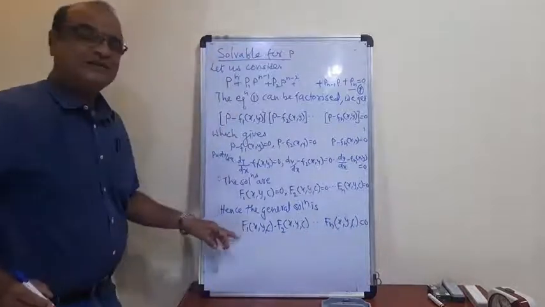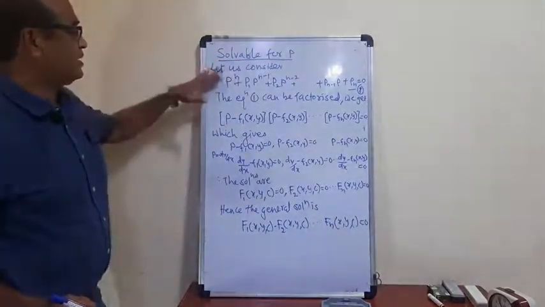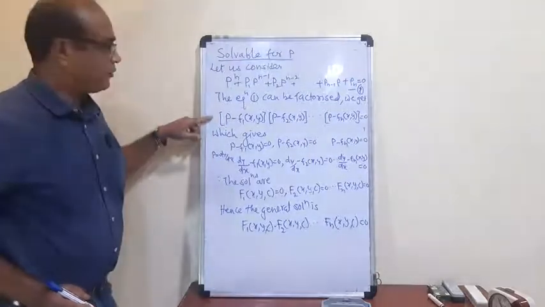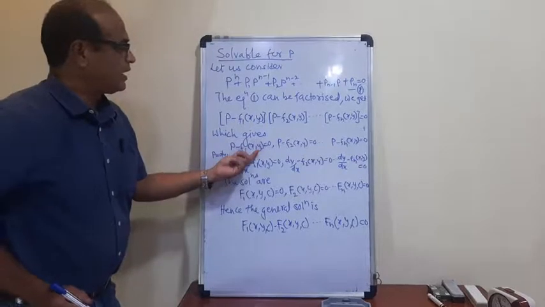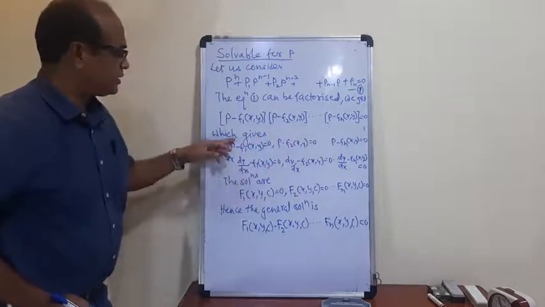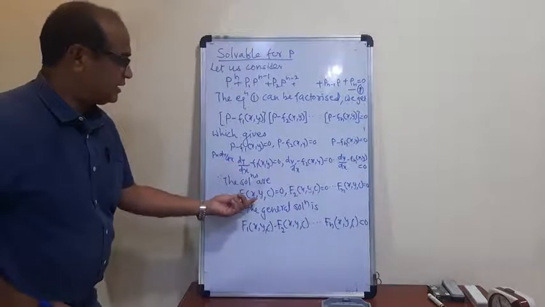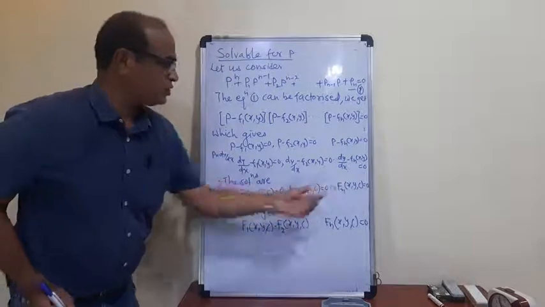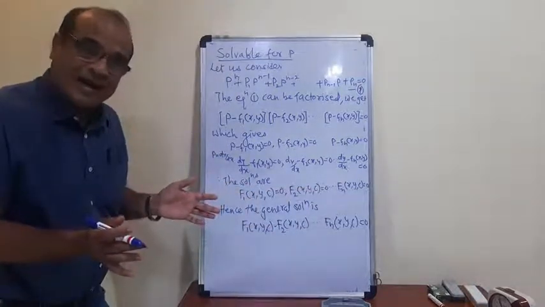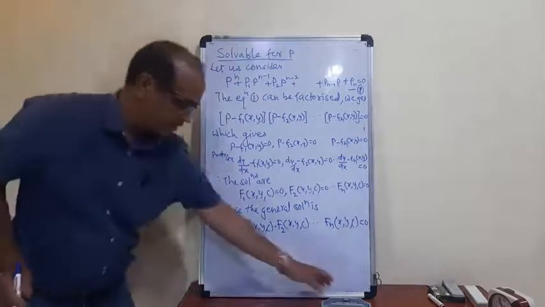So this is the general solution of this differential equation. See what we did here: we factorized into n factors, then separated them and put each equal to 0, then put p is equal to dy by dx. Then solving these equations we get the solutions, and combining them we get the general solution of this differential equation.